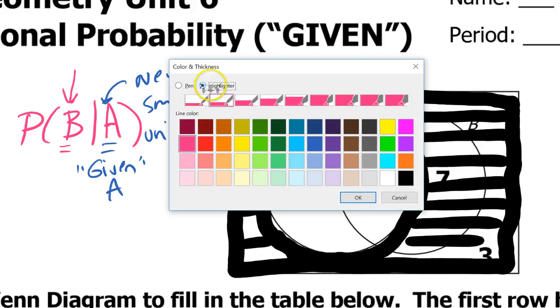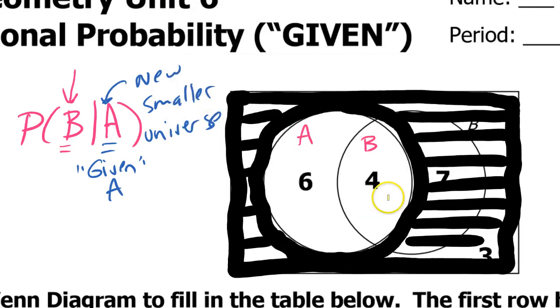So if we want the probability of B, then that means we should shade in B. Okay, so there is B. That's now shaded in.